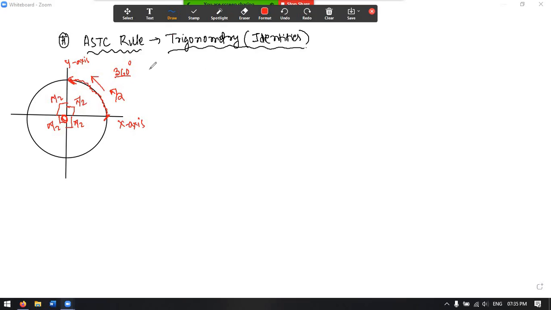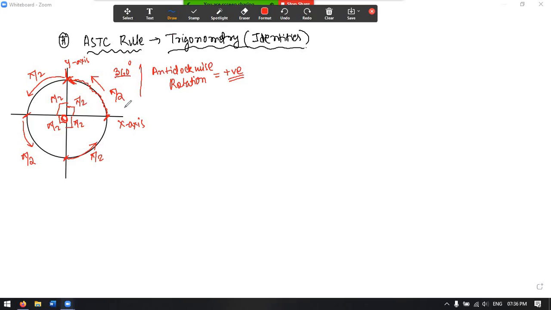In trigonometry, in angular systems, anti-clockwise rotation is taken as positive. Now again from this point, when you cross this line, you again turn 90 degrees in this direction. Again after crossing this point, you turn another 90 degrees.